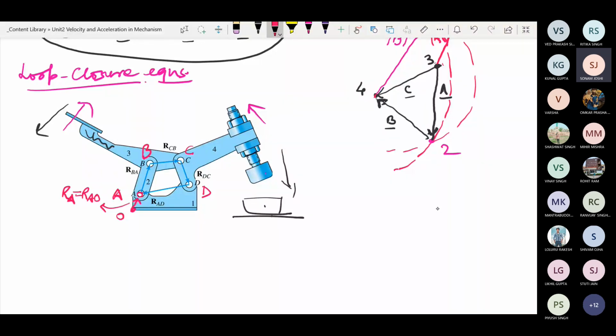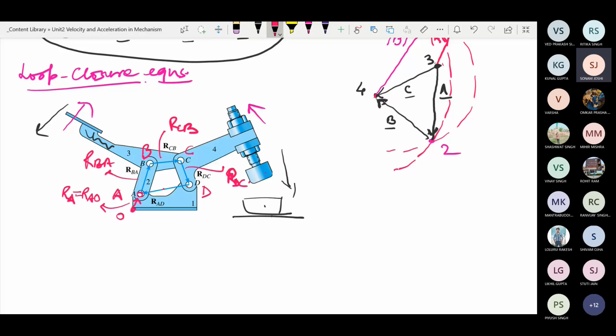Similarly, RBA means we are moving from point A to point B. So this one is RBA. Similarly, in between B and C, what we have? RCB. Here we have RDC. Okay. And if you are coming from D to A, what will be this one? RAD. Okay. So in between the joints, the vectors are known to you. Okay, so RA is written.